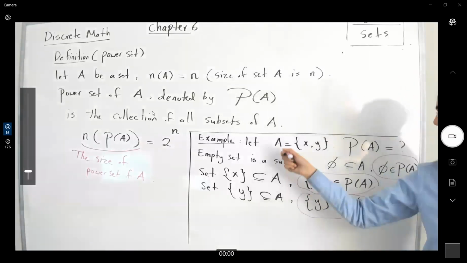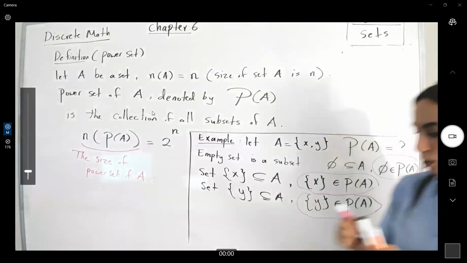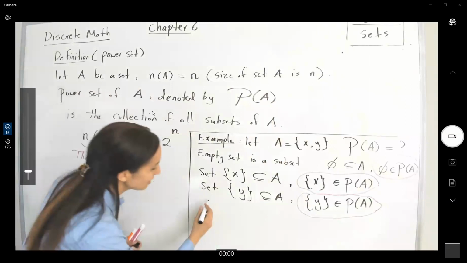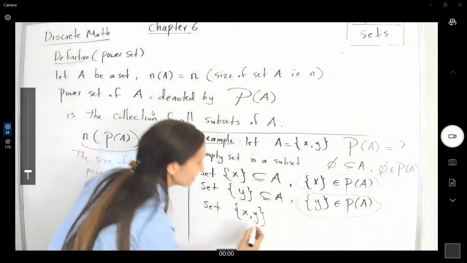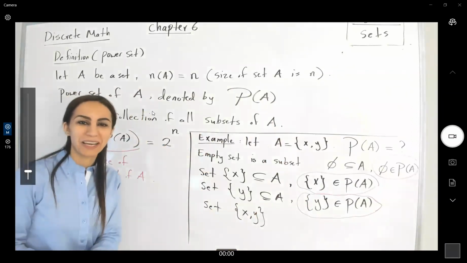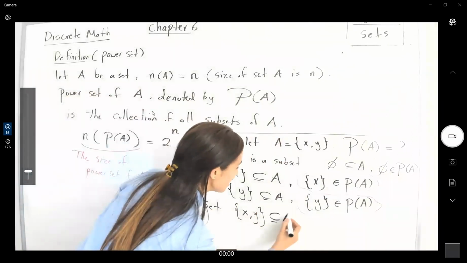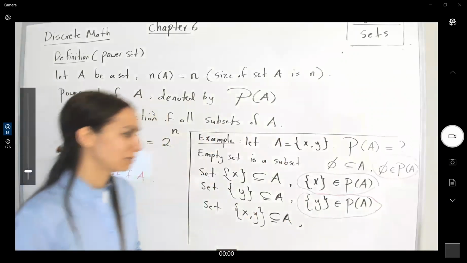What about the set A itself? Well, the set including X and Y, which is equal to A, is a subset of A as well. What's the meaning of that?